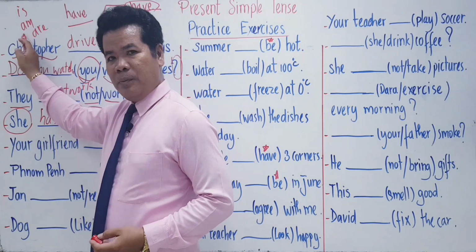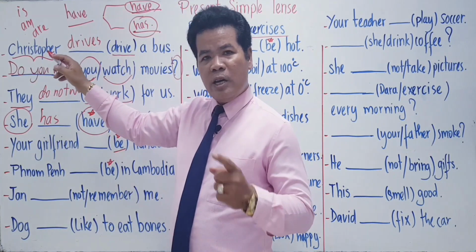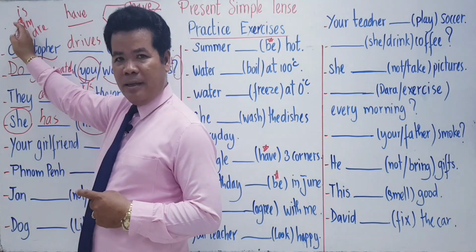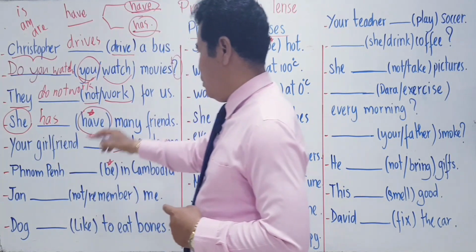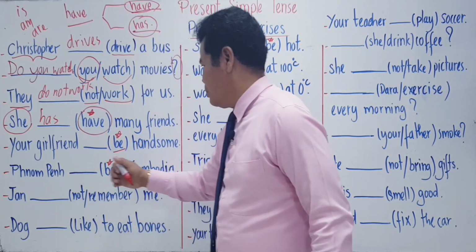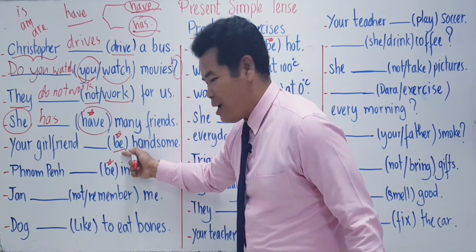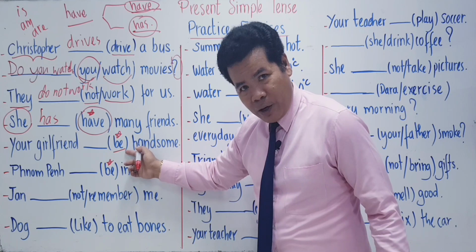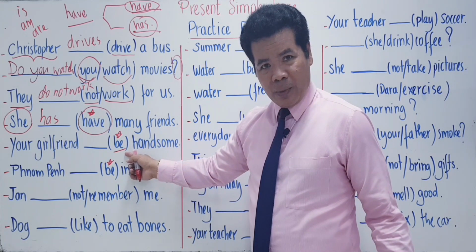I am, we, you, they are, he, she, it is. So look at this one. Your girlfriend, can you say are? Can you say is? Or can you say am?